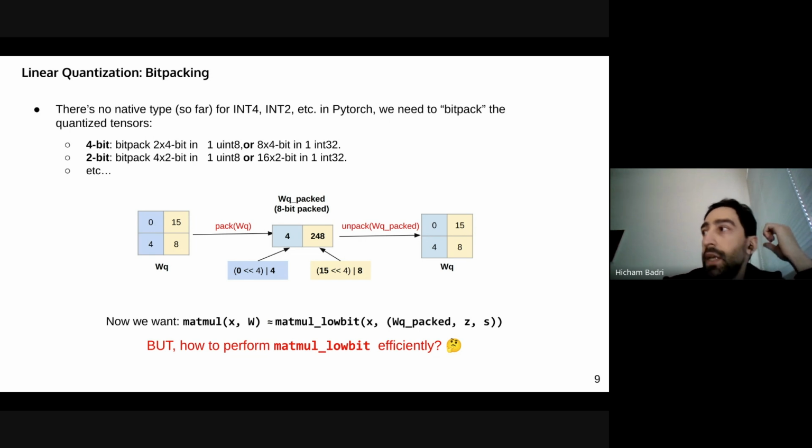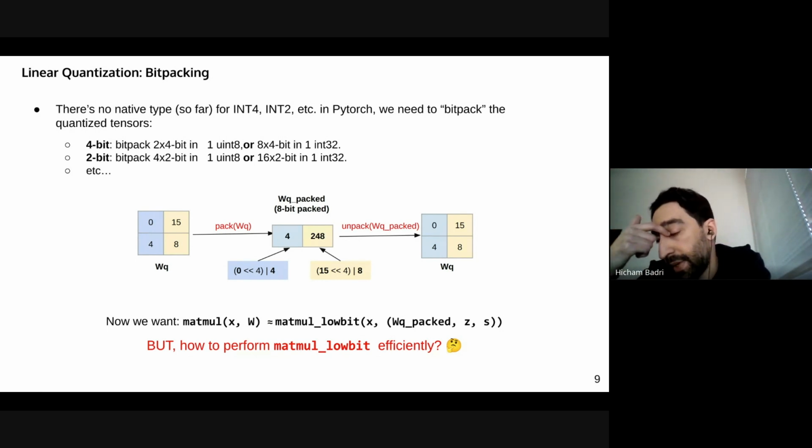But the part that actually introduces most of the overhead in the unpacking depends on how you do it. If you do it in a certain way, it will require some copies. I will try to explain this a little bit later because it will become clearer when you take a look at the kernel. If I can summarize this, there is some overhead, yes.